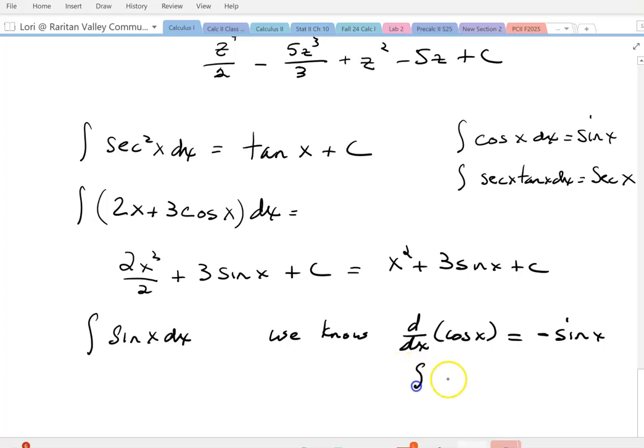So that means for the integral of sine x, we need to introduce the negative sign, and the way you do that is just to put it here, and here is actually the opposite of cosine x. So the integral of sine x equals negative cosine x. So just be careful with that.